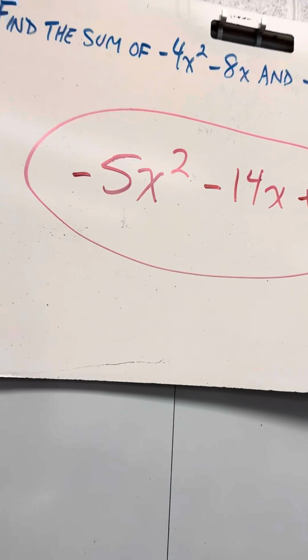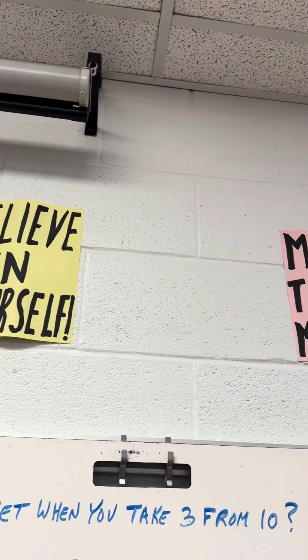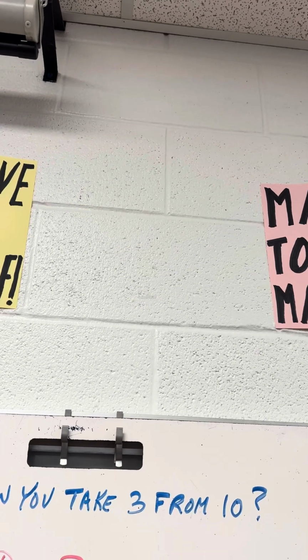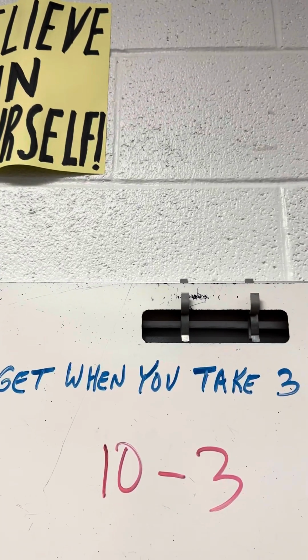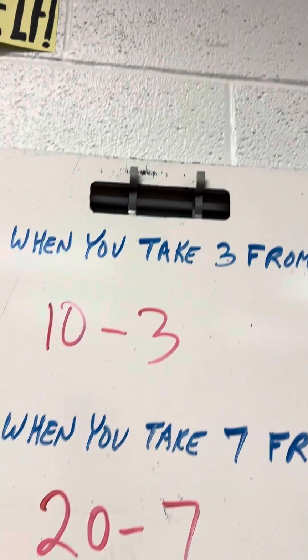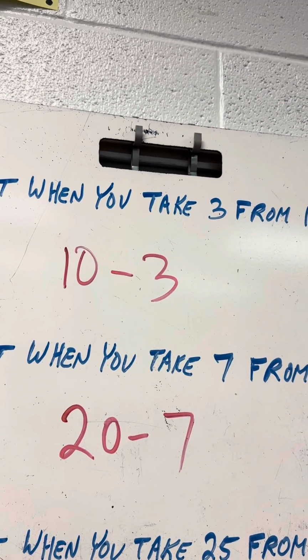Okay. Now, remember please, what do you get when you take 3 from 10? If you take 3 from 10, don't you do 10 minus 3, right? If you take 7 from 20, isn't that 20 minus 7?